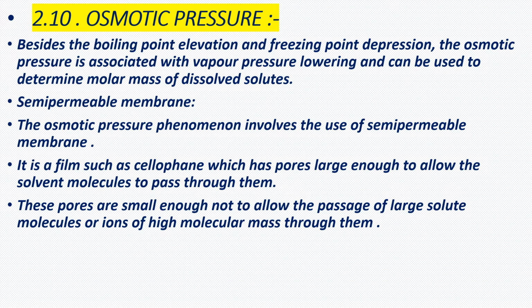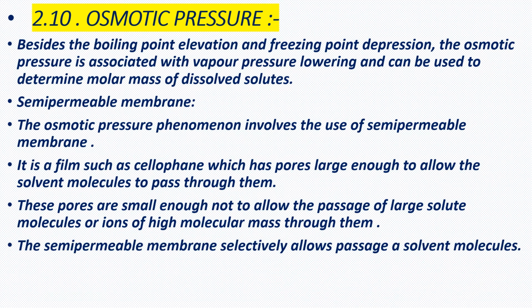These pores are small enough to prevent the passage of large solute molecules or ions of high molecular mass through them. The semi-permeable membrane selectively allows passage of solvent molecules only, not solute molecules. Remember here.